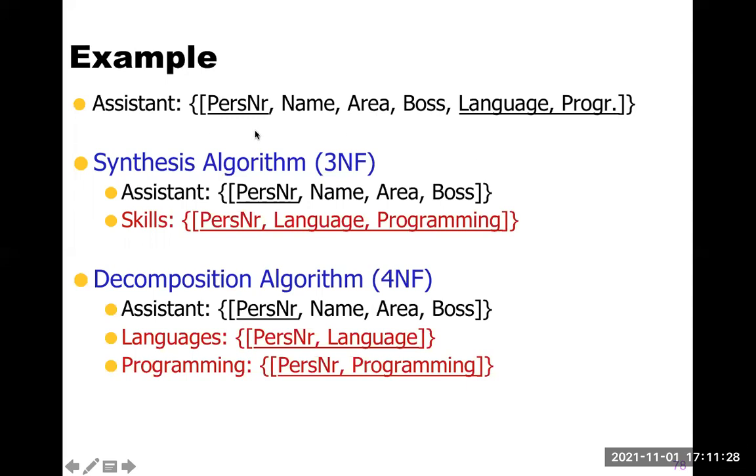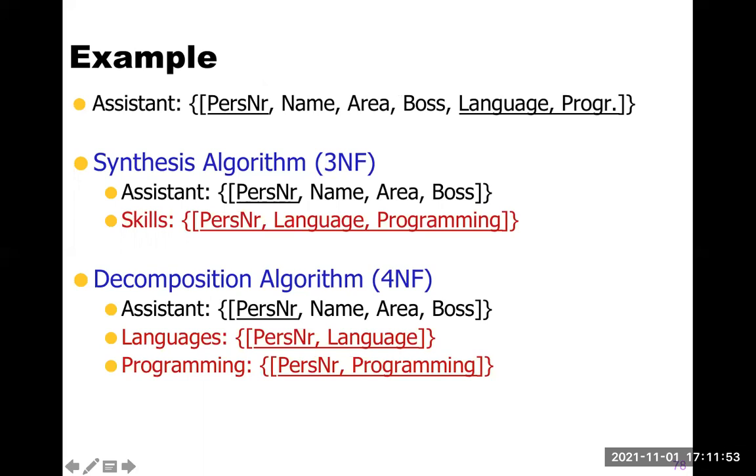And I know that boss depends on person number, area depends on person number, name depends on person number. There are no dependencies between areas and bosses and everything, and language multi-value depends on person number, and programming language multi-value depends on person number. So each person knows multiple languages and multiple programming languages.